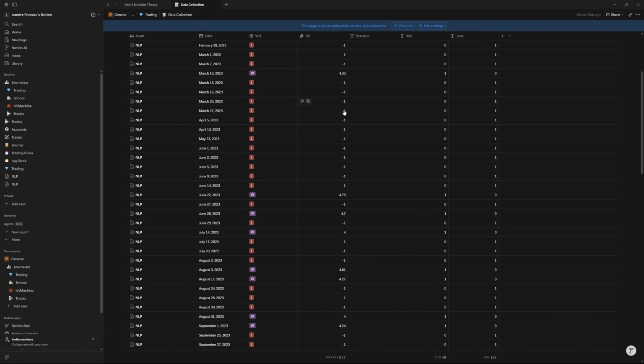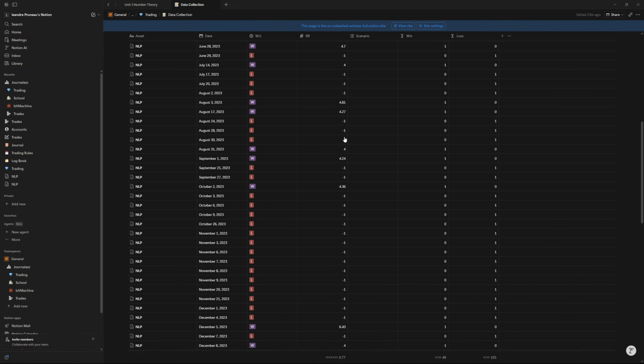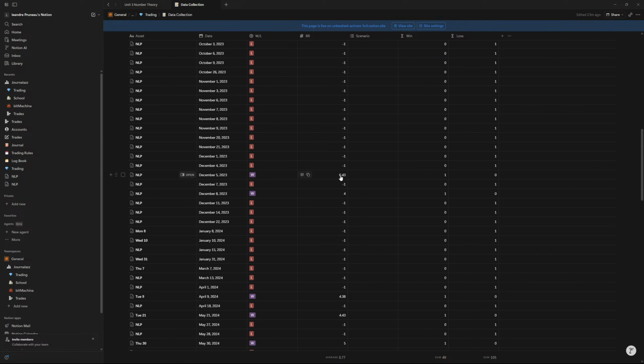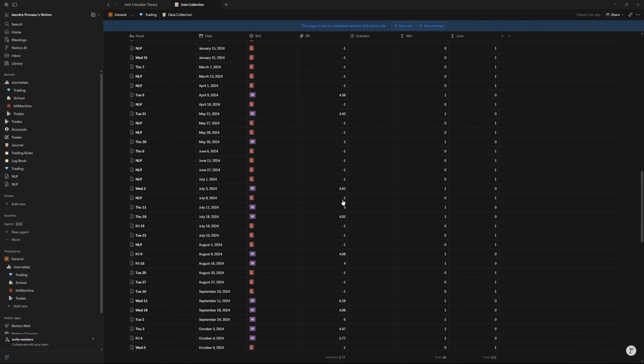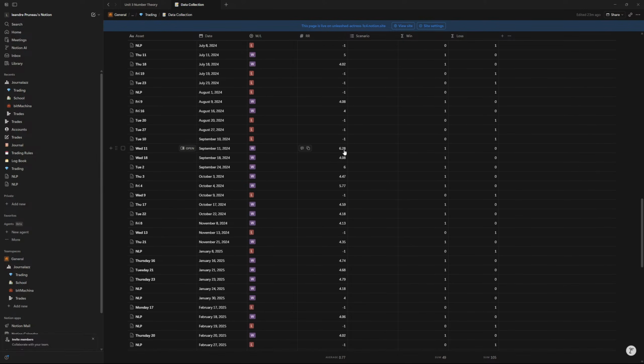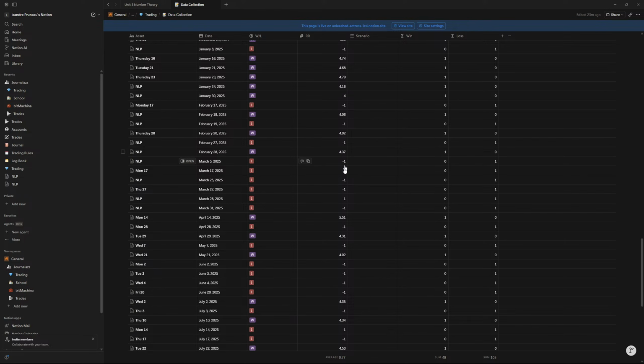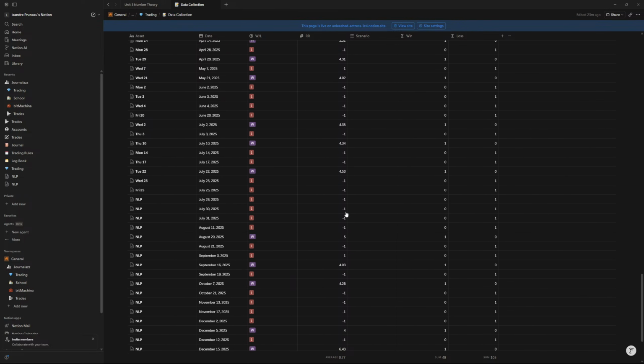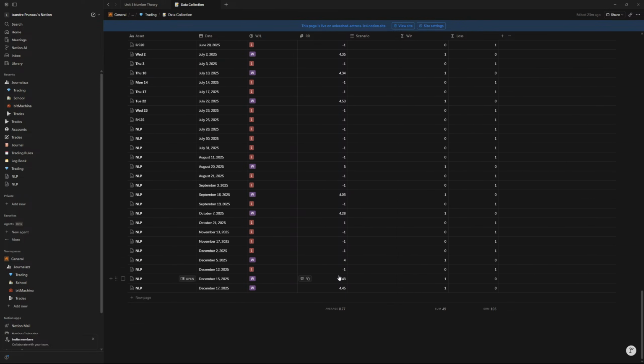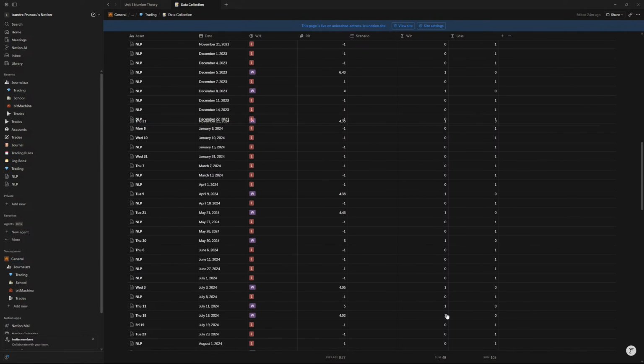How many times do we have above 5R? So far, I've only seen one. Oh, there's 2, 3, 4, 5, 6, and that was recently in December. 6 times in the last 3 years we had above 5R.